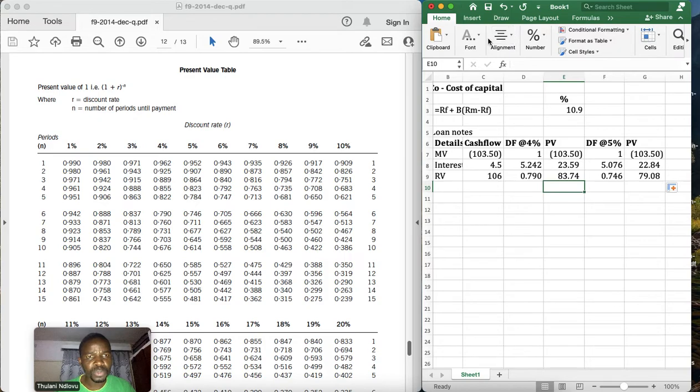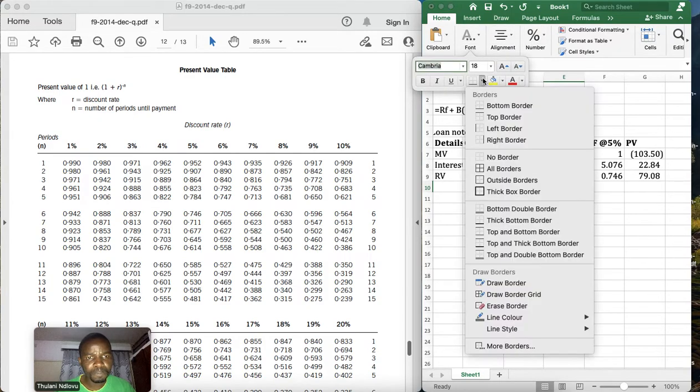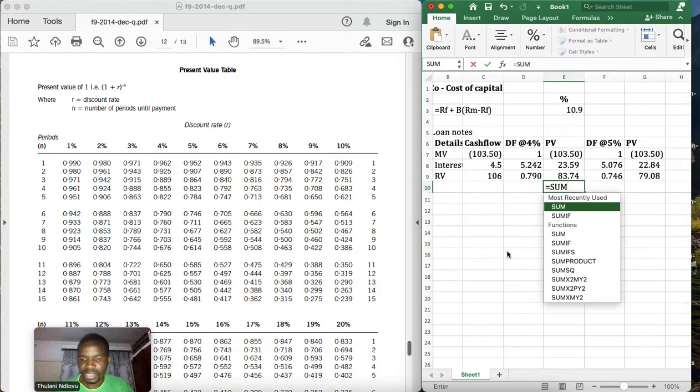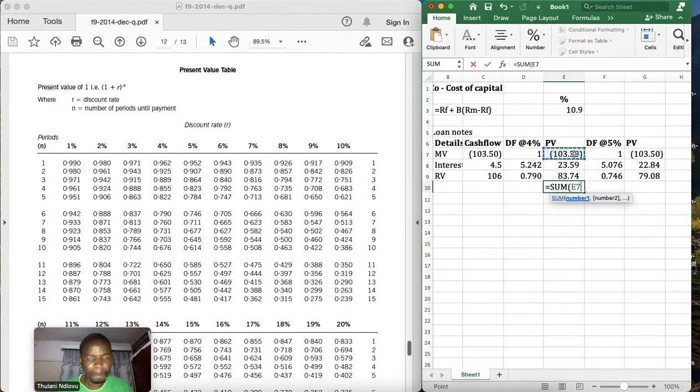Then we have to have a sum here of the present values. Sum there. We copy that to this side.